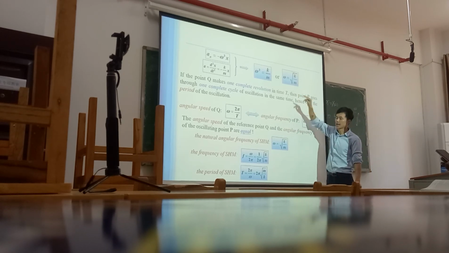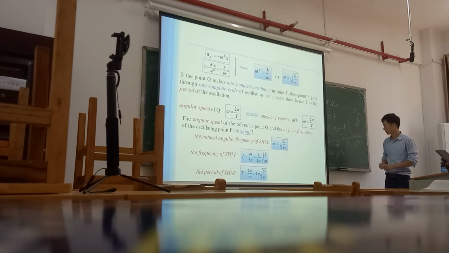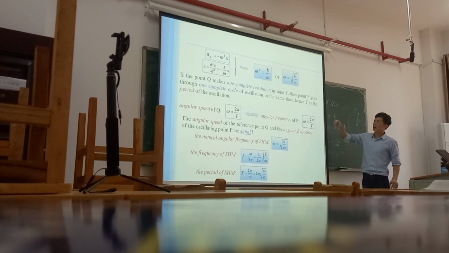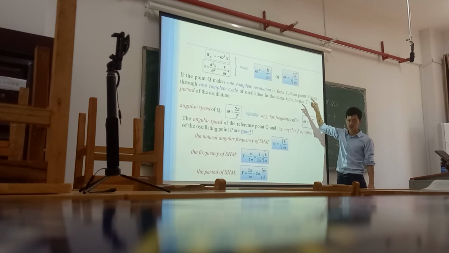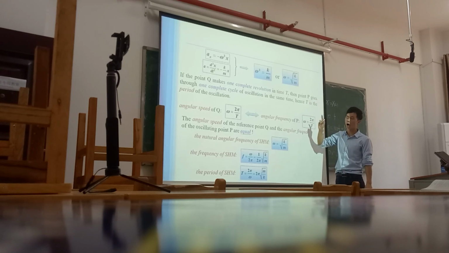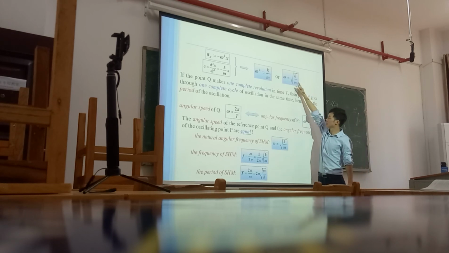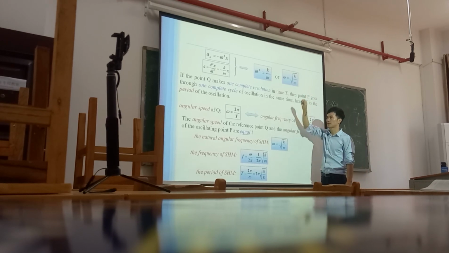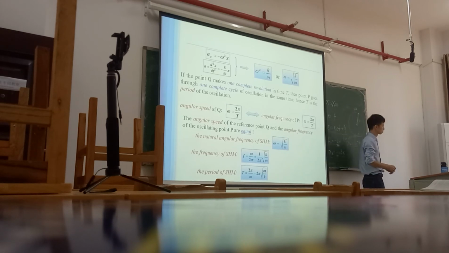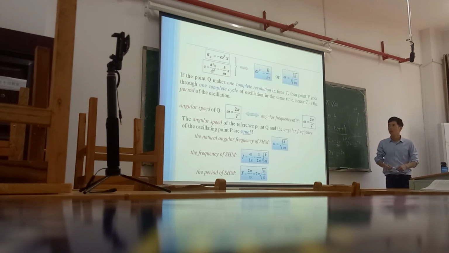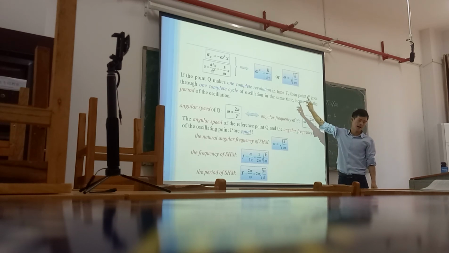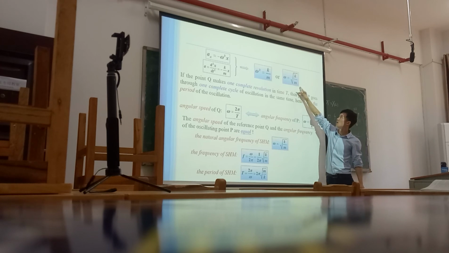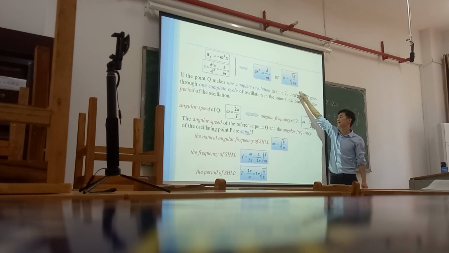And m is the mass of the body. The omega is the angular frequency. So the angular frequency is determined only by the force constant and the mass. We must remember this equation: we can find the angular frequency from the force constant and the mass of the body.